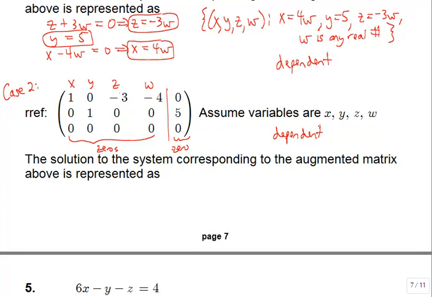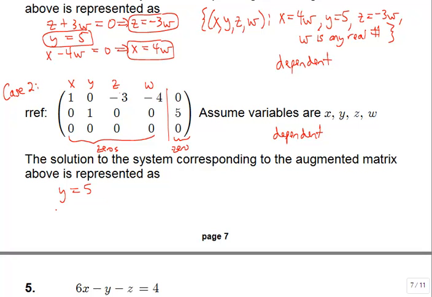How do we write our solution when you have zeros to the left and zeros to the right? Just like what we did in the last example, we're going to go row by row. This bottom row doesn't really tell us any restrictions at all because it's always true. What does the middle row tell us? No X's, 1 Y, no Z's, no W's, and Y has to be 5.